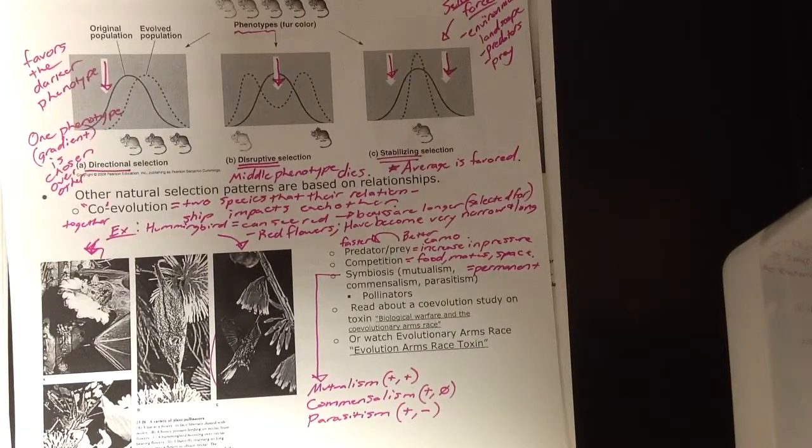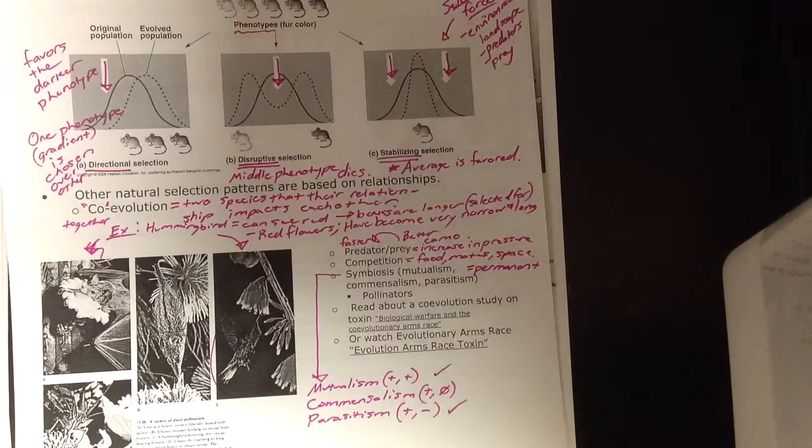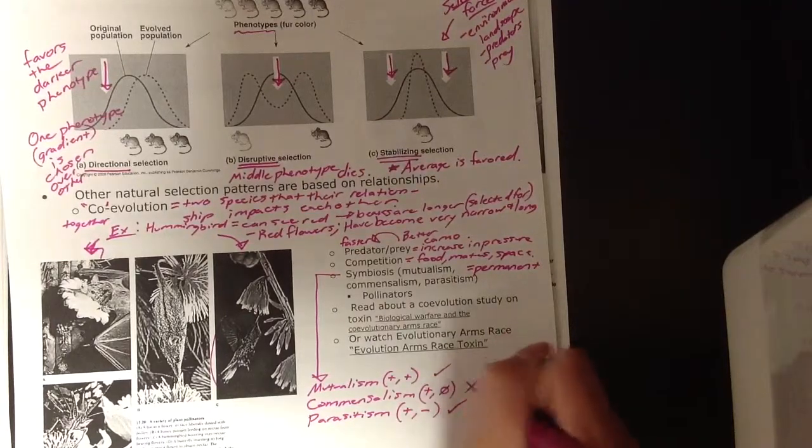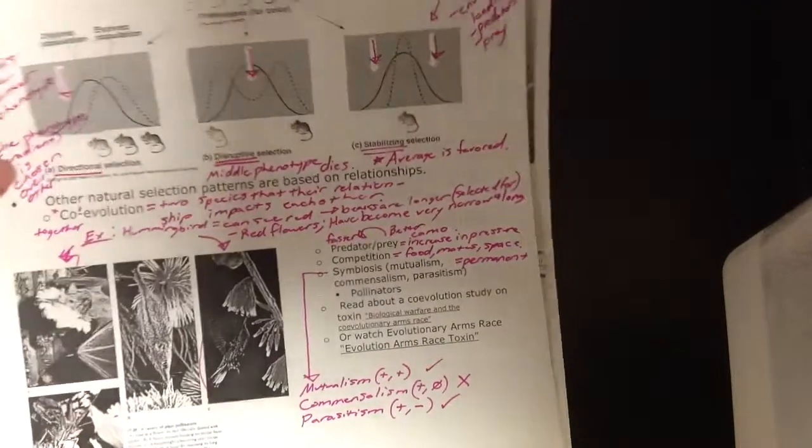When we're talking about coevolution and natural selection occurring, mutualism and parasitism are usually easy examples for you guys to be able to find. However, commensalism, this +0 business, is not going to be an easy example of coevolution. Because think about it.